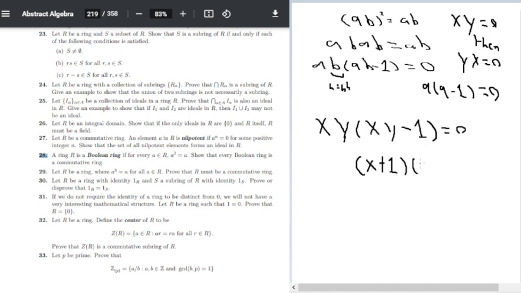Let's think. So this is equal to xy, this probably is where we need to go, xy plus y minus x, xy plus y minus x minus 1.